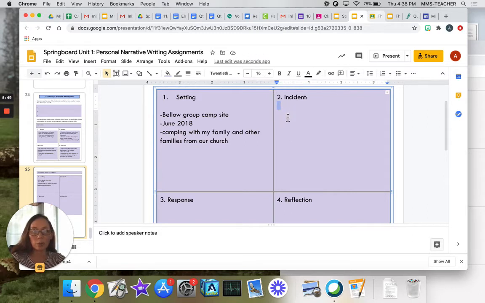Incident, the central piece of action that took place. Okay, so I'm going to write getting rained on. I'm going to say the rain came down pretty hard. The rain wouldn't stop.